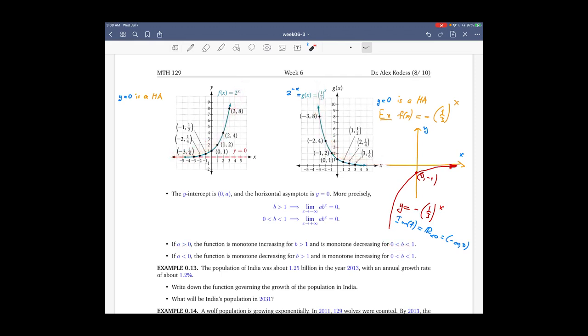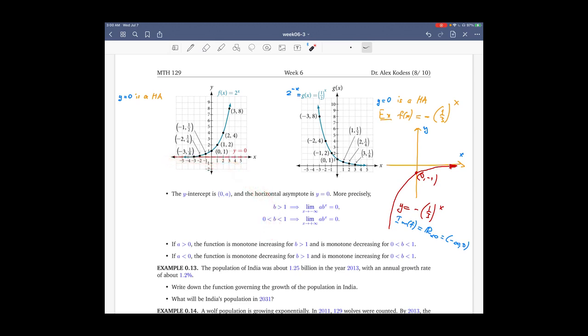For a less than 0, the conclusions are vice versa. If a is negative and the base is greater than 1, you can think of, say, negative 2 to the power x, the function is decreasing.